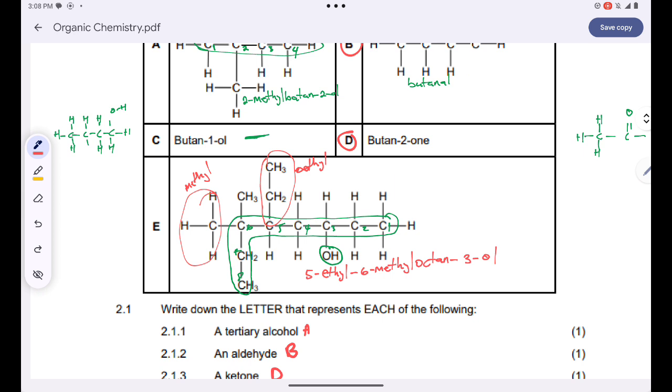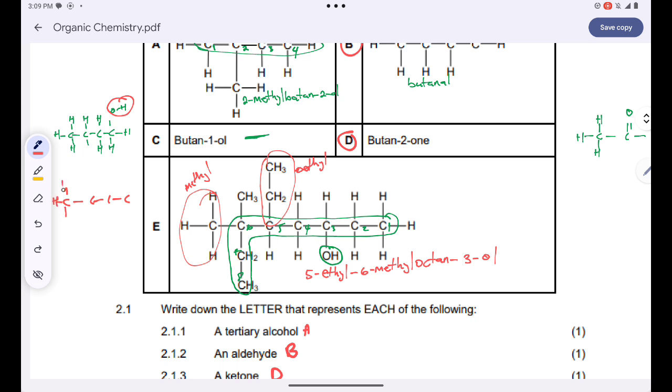It simply means that the OH is bonded at the terminal carbon. So for the positional isomer of compound C, I'll just move the OH to a different carbon. I'll simply have it like this.